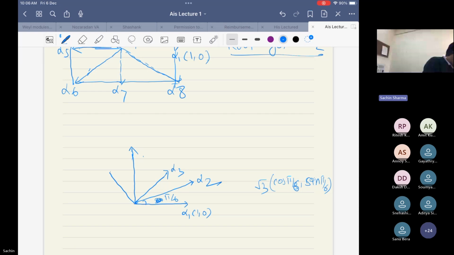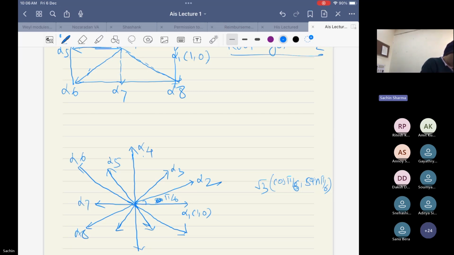So again, this will be the alpha 2, alpha 3, alpha 4, alpha 5, alpha 6, alpha 7, alpha 8, alpha 9, alpha 10, alpha 11, and alpha 12.